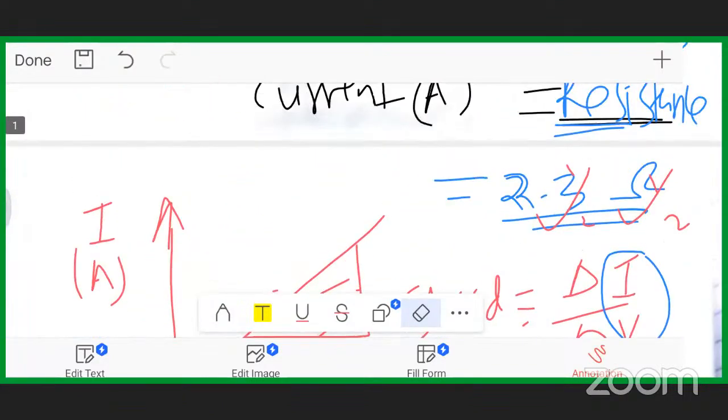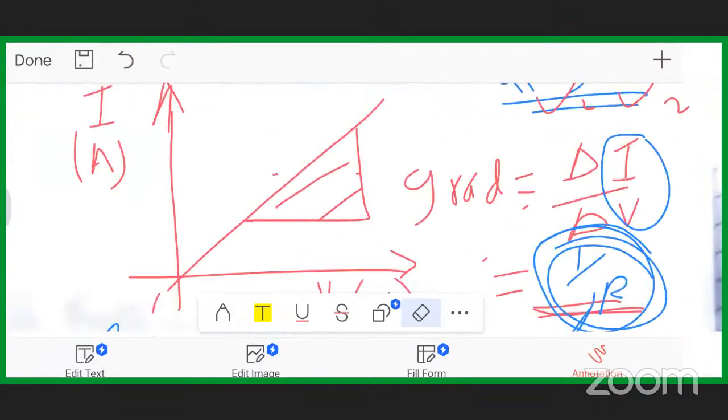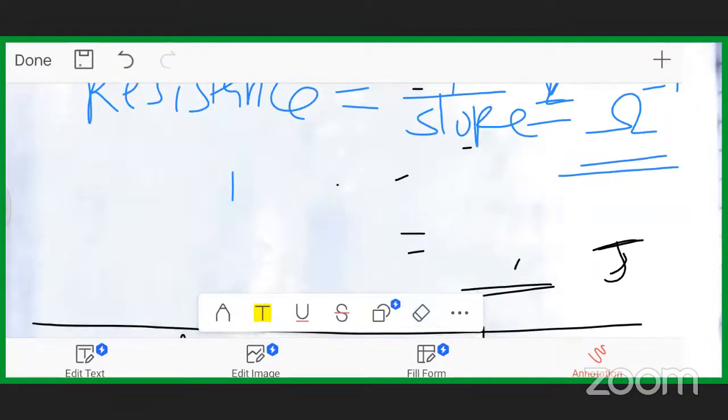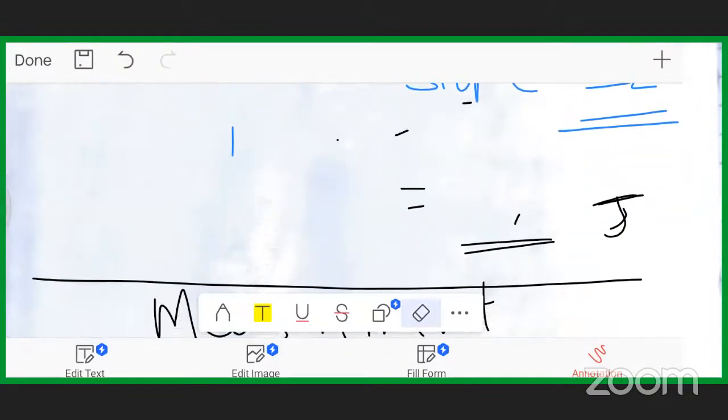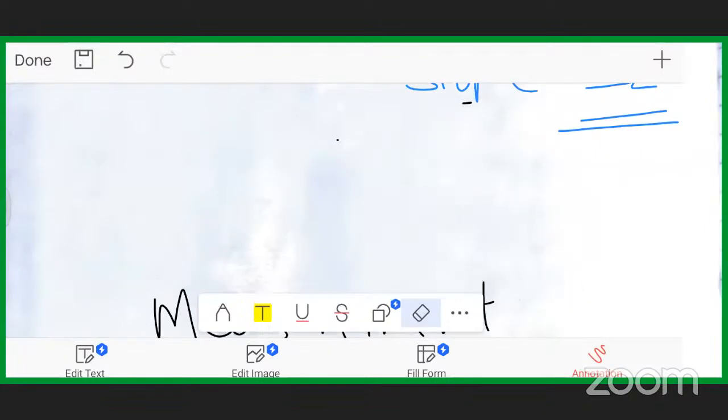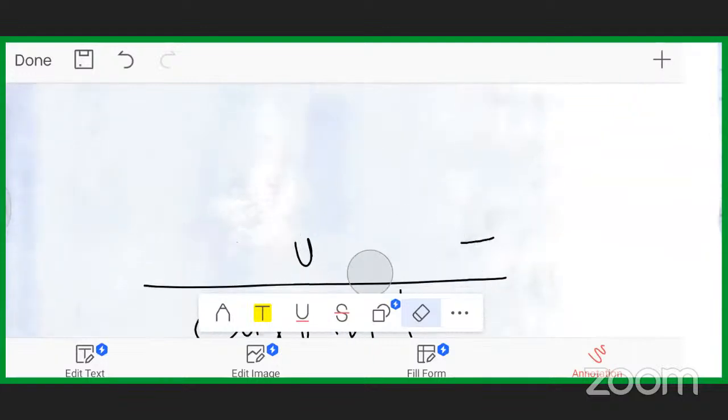Now I will need to give you an example so that you have something to do a little bit. So write this. A simple example involving use of Ohm's law.